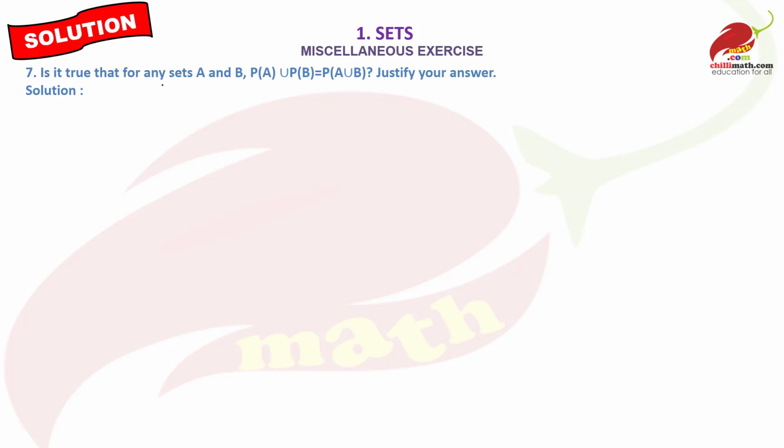Is it true that for any sets A and B, PA union PB is equal to P of A union B? Justify your answer. No, it's not true. To give an example, let us take A equal to {1, 2} and B equal to {2, 3}. Then, as we know, A union B is equal to {1, 2, 3}.